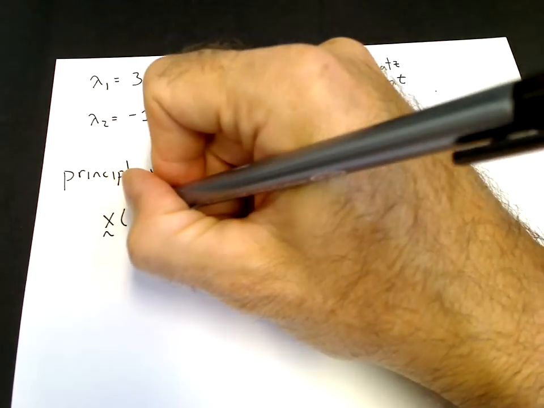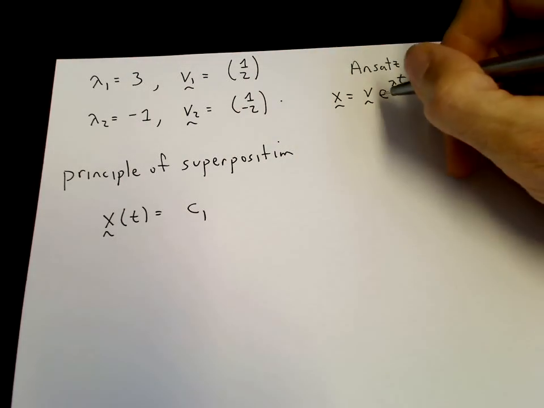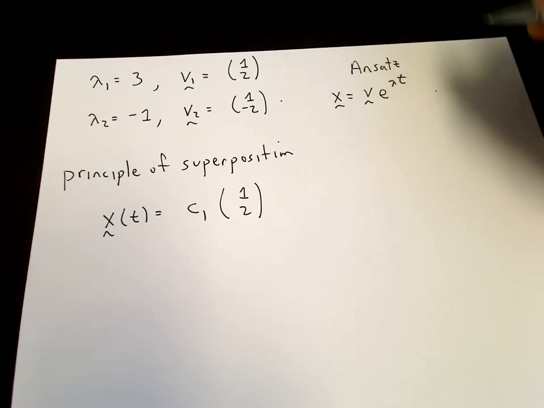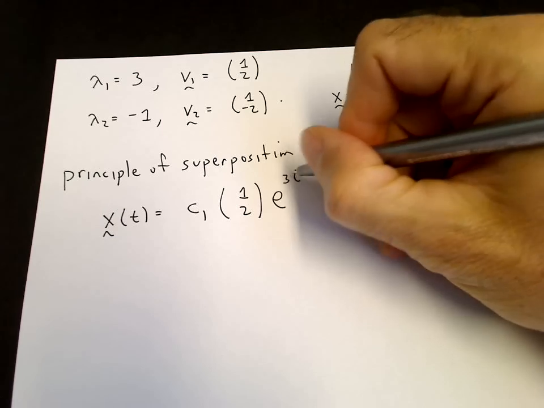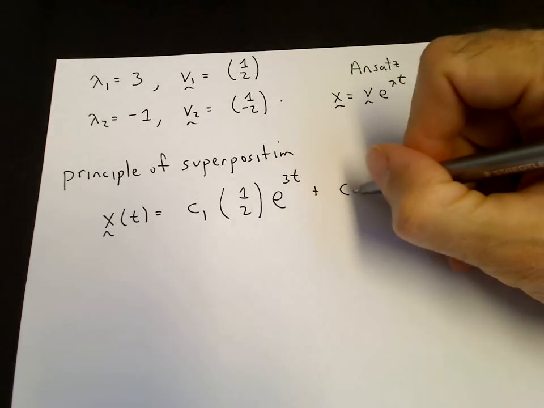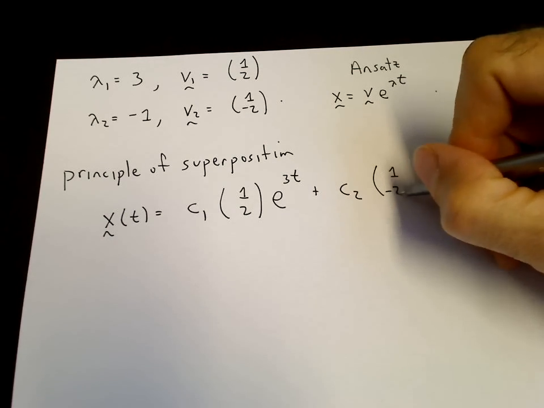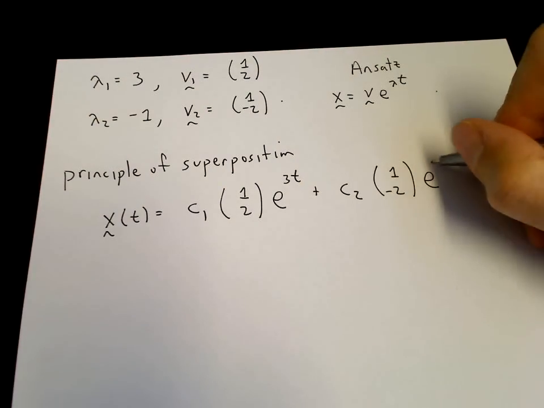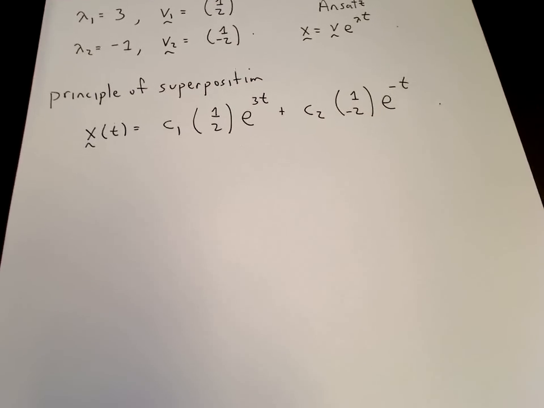So the general solution is x of t equals c1 times v1, (1, 2), times e to the lambda 1 t, e to the 3t, plus c2 times v2, (1, minus 2), times e to the lambda 2 t, e to the minus t, and that's the general solution.